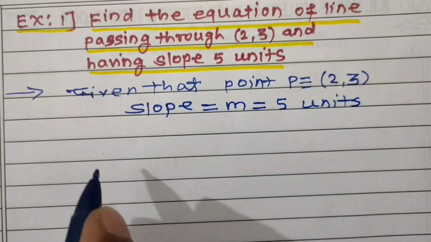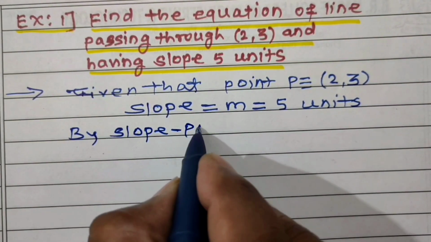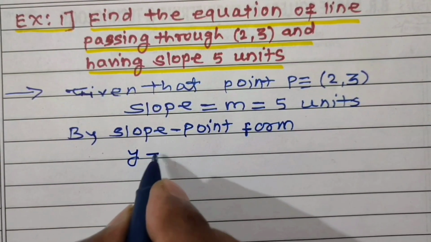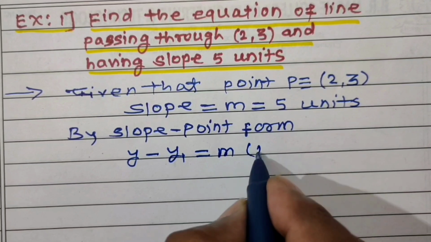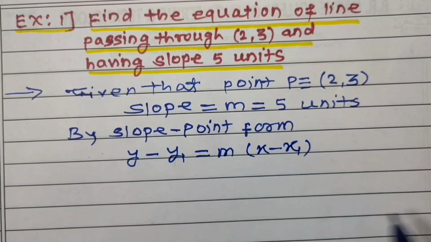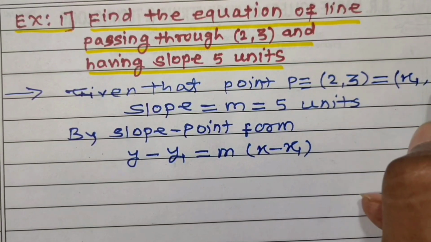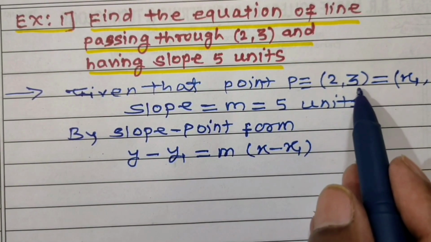Now applying slope point form. What is slope point form? y minus y1 is equal to m into x minus x1. We are assuming this point as x1 comma y1, meaning x1 is 2 and y1 is 3.